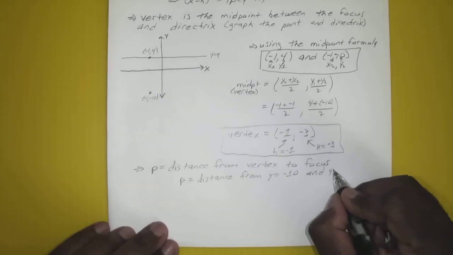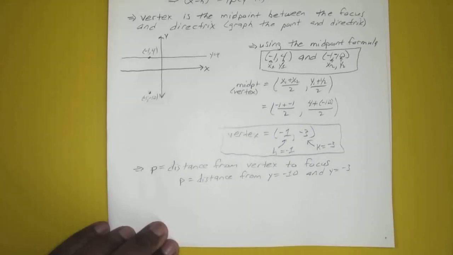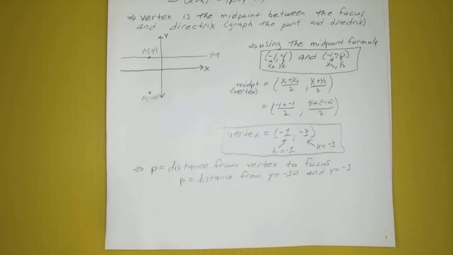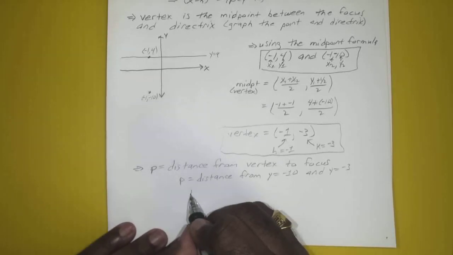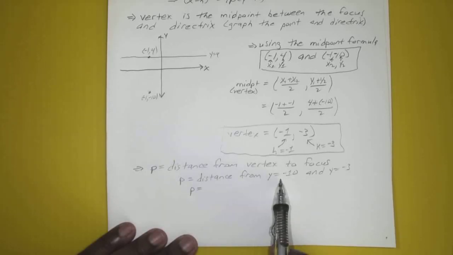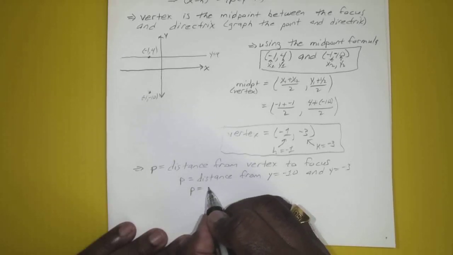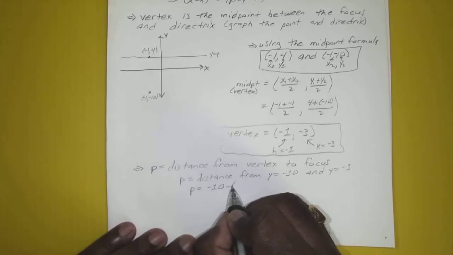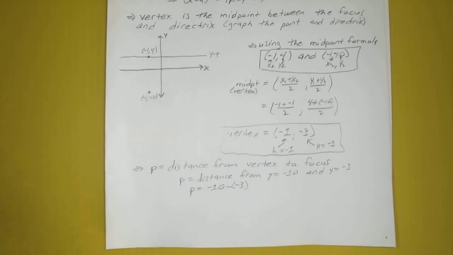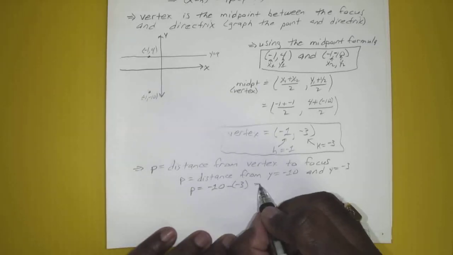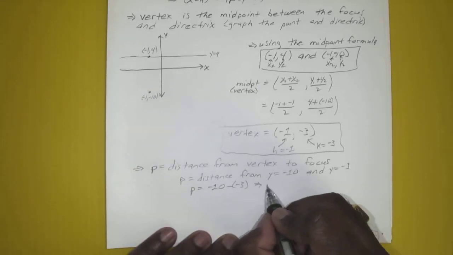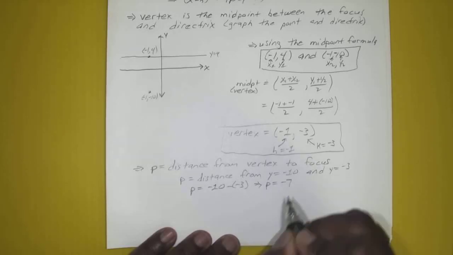Negative 3. Once we find that distance, we'll have our p value. That means p is equal to y equals negative 10 minus negative 3. Remember, whenever you're talking about difference, you're looking at subtraction. So that's going to be p equals negative 7.